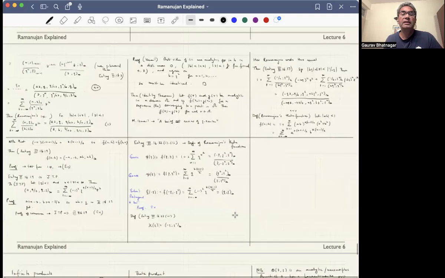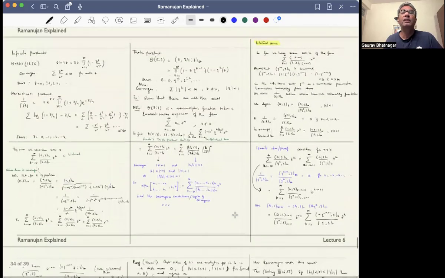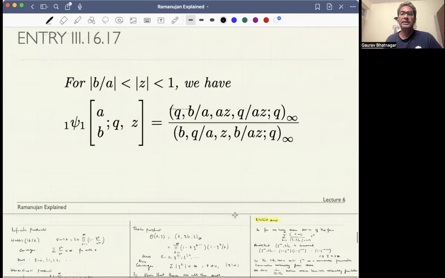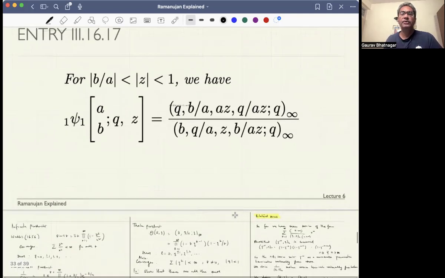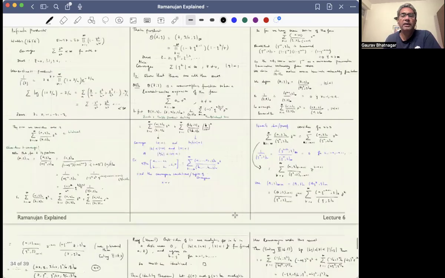So to summarize, this is Ramanujan's famous 1 psi 1 result, which is a result on bilateral series. It's the first non-trivial result which was not a rediscovery of anything, and it contained Jacobi's triple product identity, which is very famous. It was also known to Gauss, as well as many of Gauss's original results on the squares and the triangular numbers, which are important in number theory.